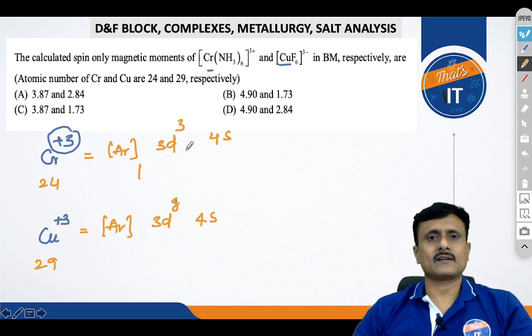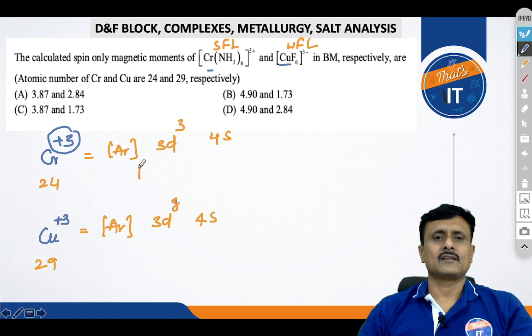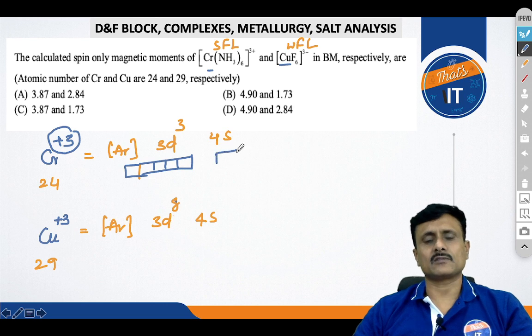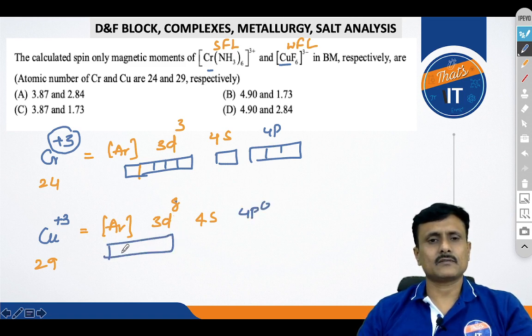So you can see that you have taken strong field ligand and weak field ligand. If it is a strong field ligand, the pairing might occur if there is any possibility. If there is no possibility, it won't occur. You have to check on the possibility also. Watch out carefully.